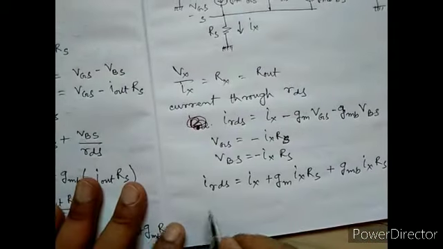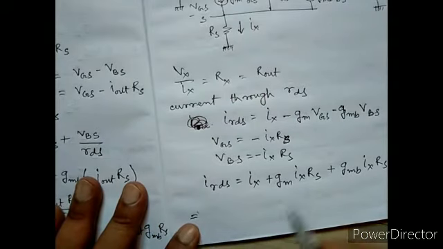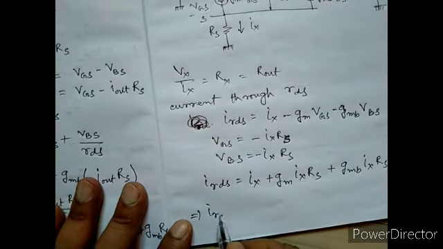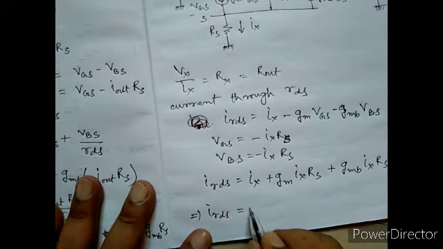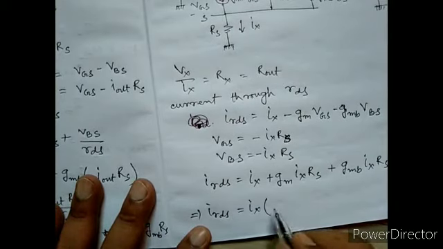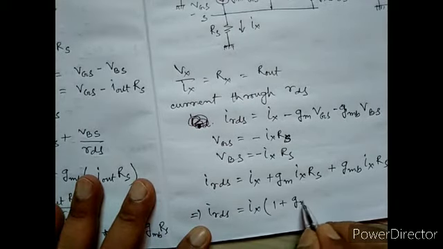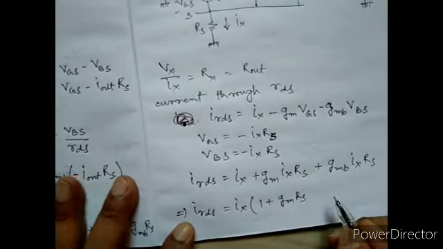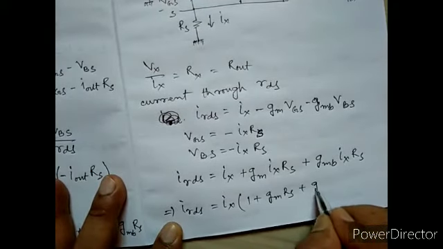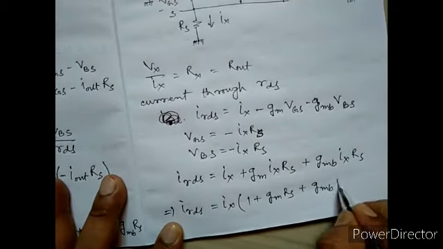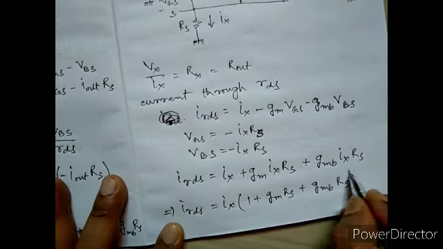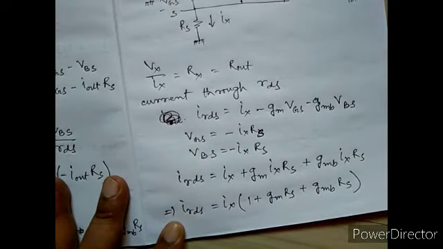Okay, so from there IRDS equals Ix, if I take common, 1 plus GM Rs plus GMB Rs.